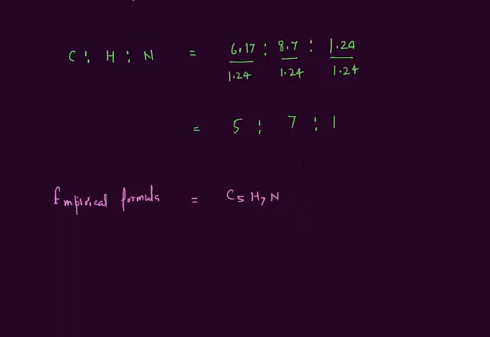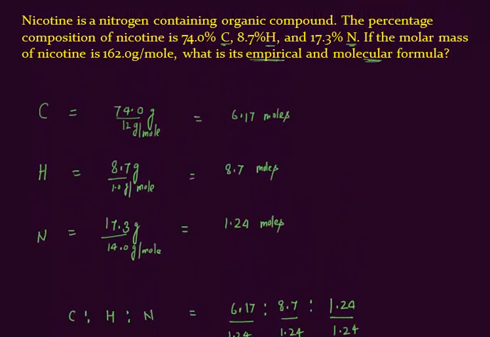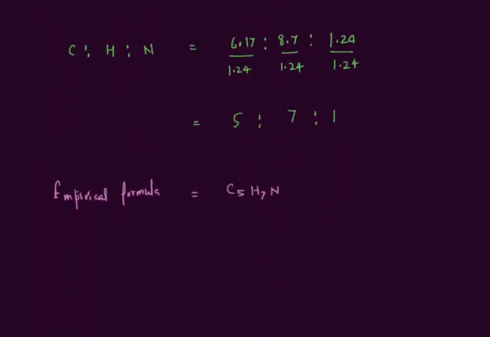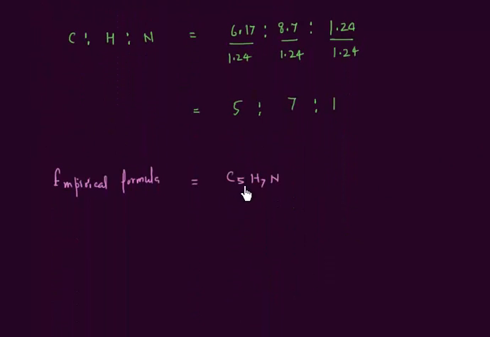Well, the question further says that we need to calculate the molecular formula of the compound too. And anyways, we are given the molar mass of nicotine, that is 162.0 gram per mole. First of all, we calculate the number of moles. Here we calculate the molar mass of this empirical formula. We know that the atomic mass of carbon is 12.